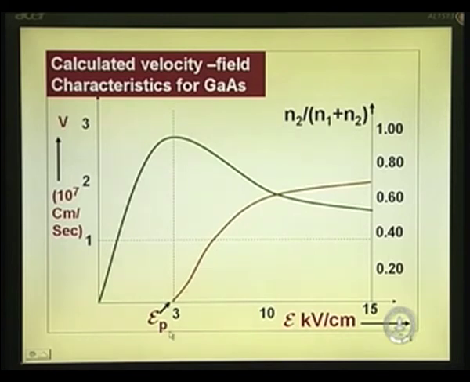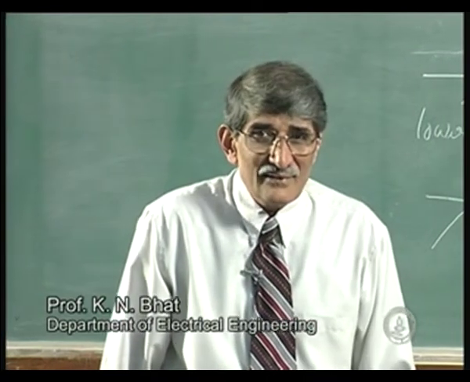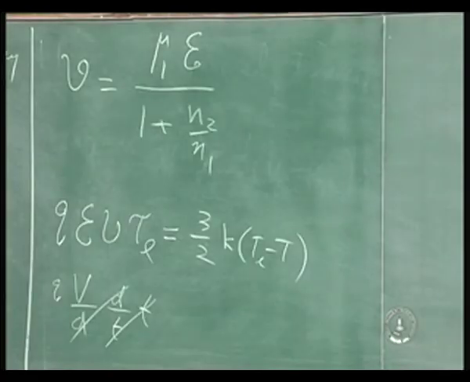So, you can see corresponding to E peak of about 3 kilovolts per centimeter. This is calculated, what I am plotting. At 3 kilovolts per centimeter, that is the point at which N2 starts beginning to increase. Till 3 kV per centimeter, N2 is equal to 0. What does it mean? Till you apply an electric field equal to 3 kV per centimeter, all the electrons are here.